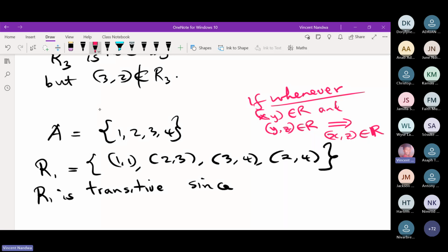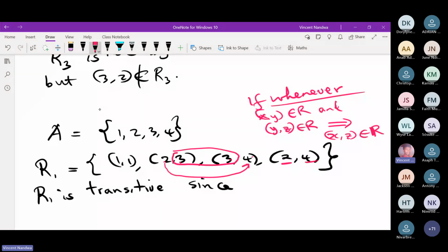So you see, 2 is related to 3, and then 3 is related to 4. This correspondence leads you to pairing the first number in the first pair with the second number in the second pair, and we can clearly see a 2, 4 here.